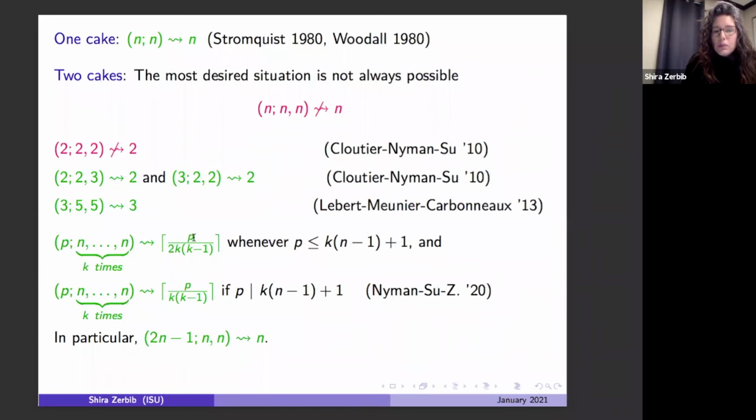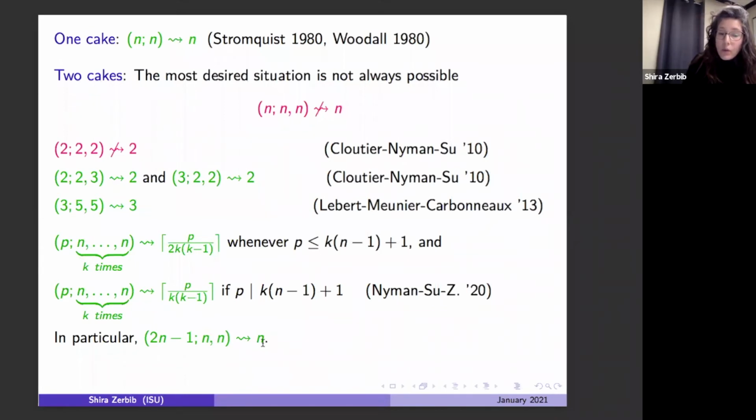So some number p over roughly k squared players can be satisfied. In particular, this generalizes the result that I mentioned here. So if, instead of taking n players, we take 2n minus 1 players, and we divide each cake into n pieces, then we can satisfy n players. So we can divide the entire cakes between them.